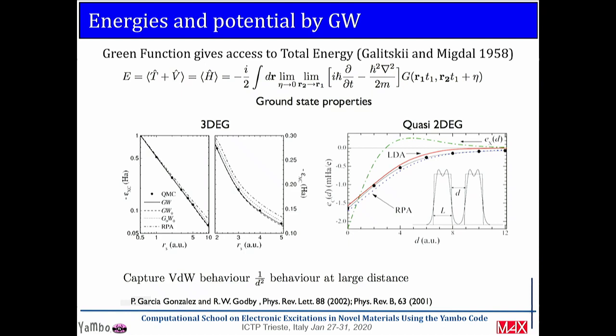This is a work by Pablo Garcia Gonzalez and Rex Godby, where they showed that the correlation energy of the three-dimensional electron gas at high density, small r_s, in the GW approximation, but GW, this is not G0W0, I mean the self-consistent one, not the vertex, provides a perfect agreement with quantum Monte Carlo calculation.